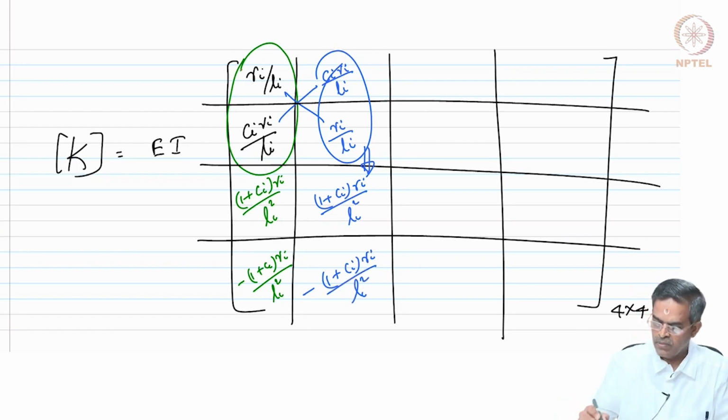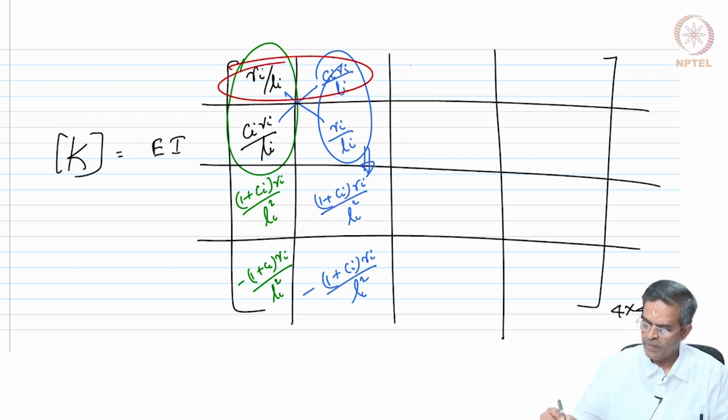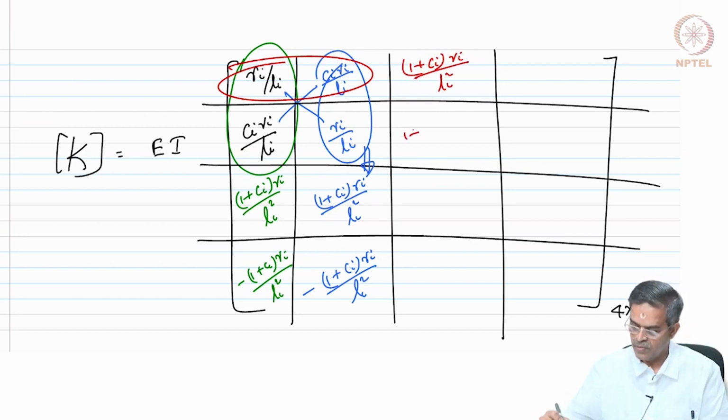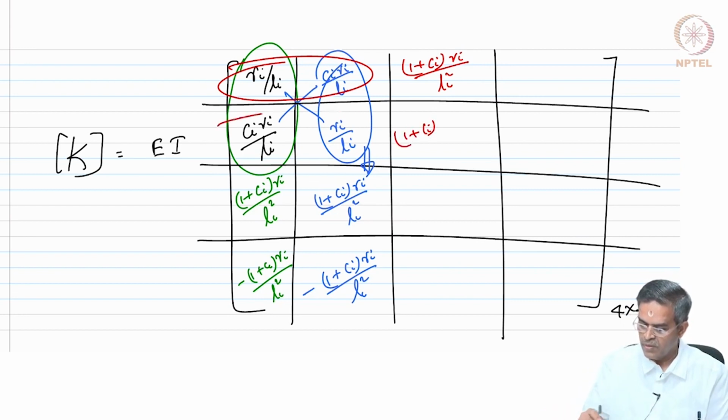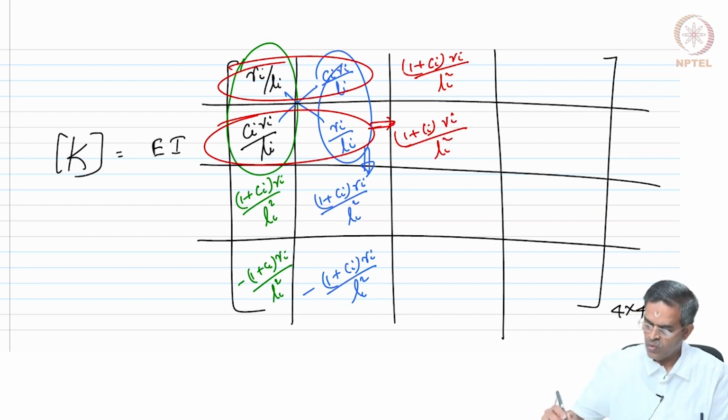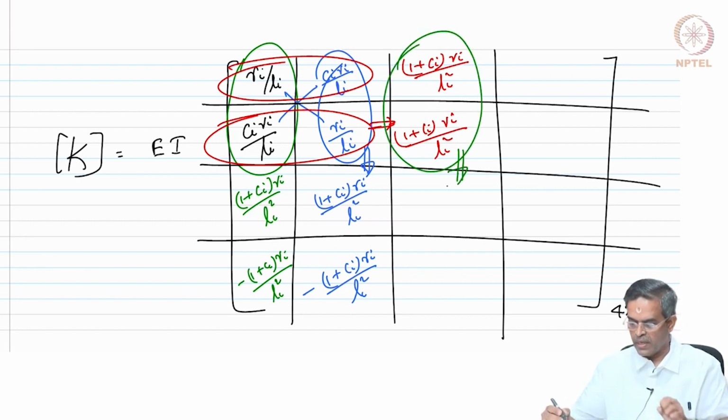The third column is sum of these 2 by Li, is also sum of these 2 by Li, and the fourth one is, the next one is sum of these 2 by Li again.